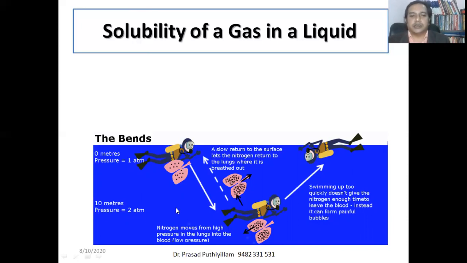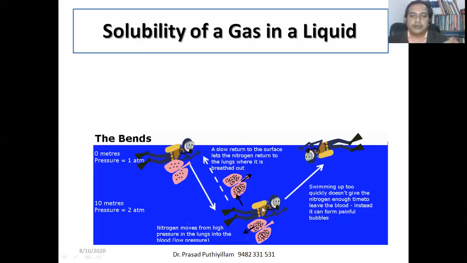That means the pressure is increased. If pressure is increased, we saw the simple example of the vessel where we applied pressure: as more pressure is applied, more gas molecules will dissolve. A scuba diver wears particular clothing, so no more gases can enter from the liquid, but whatever gas is present in his body, in his lungs, or in the gas tank he is carrying, that gas only we have to consider.